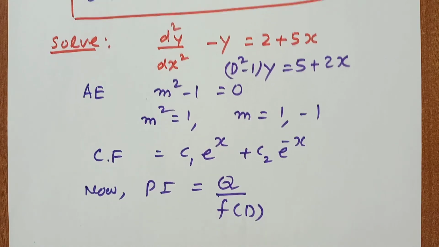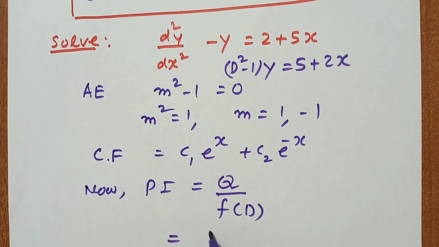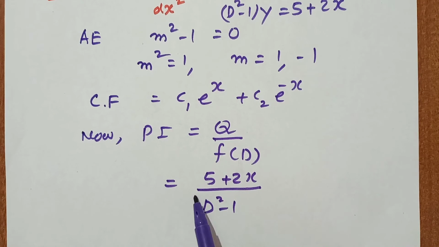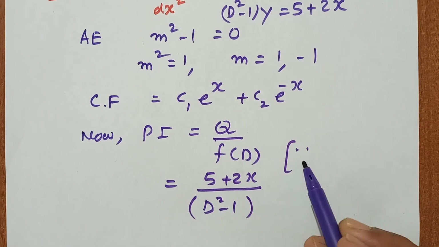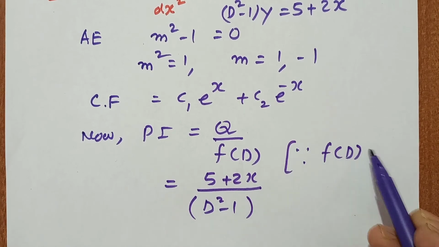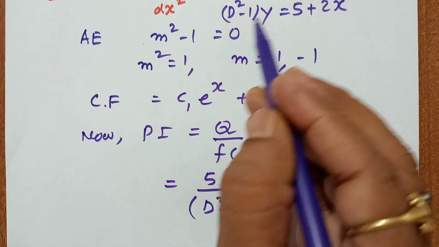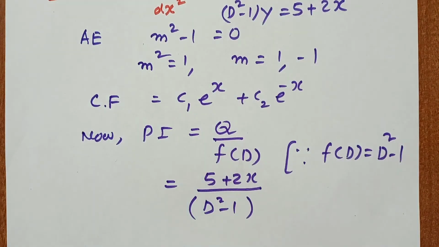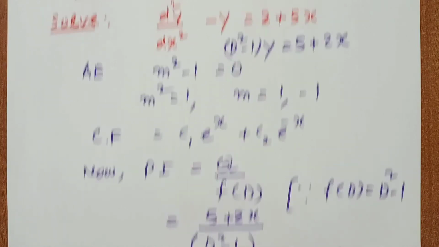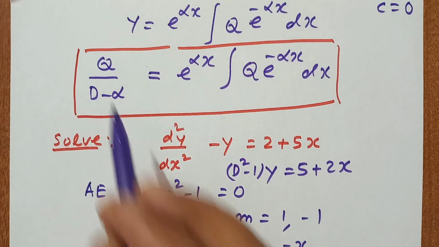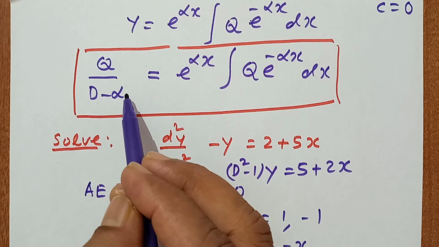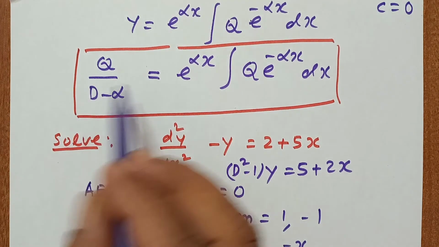Here Q is 5 plus 2x upon f(D), which is nothing but D squared minus 1. Since f(D) is equal to D squared minus 1, we take D as the function of D.